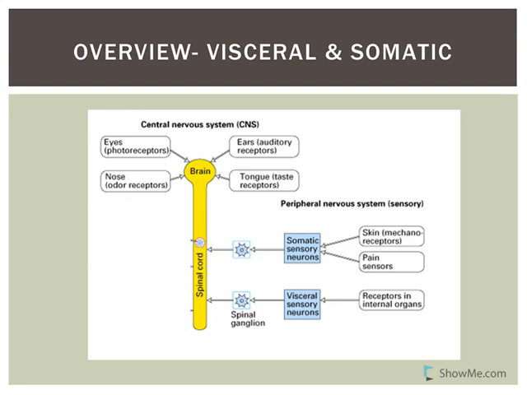It also carries information coming from your joints and muscles. The visceral senses include things coming from your visceral organs or your internal organs. So say, for example, your stomach gets stretched. That stretching of the stomach is carried along what we call visceral sensory neurons.